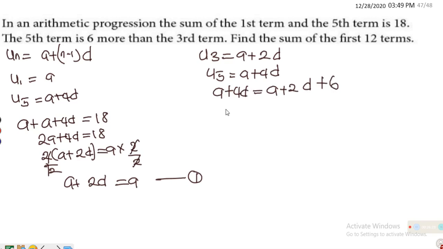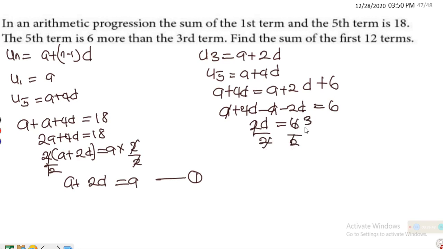Okay, so we can collect like terms over here: minus a minus 2d equals 6. So a and a will cancel, so we have 2d equals 6. Dividing both sides by 2, we have d equals 3.